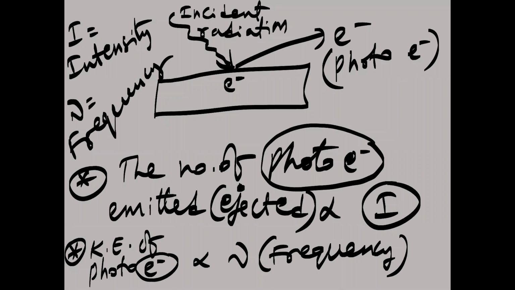The number of photoelectrons means the rate of emission of photoelectrons, and the rate of emission is directly proportional to intensity. Whereas the kinetic energy means the speed of photoelectrons, and the kinetic energy of photoelectrons depends only on frequency. Is the concept clear now? Yeah.